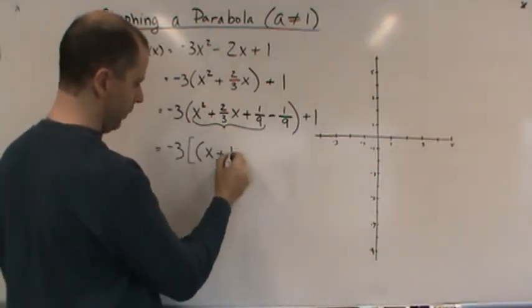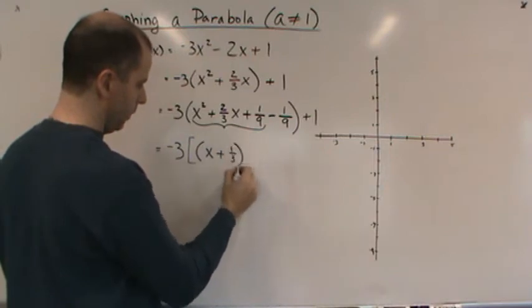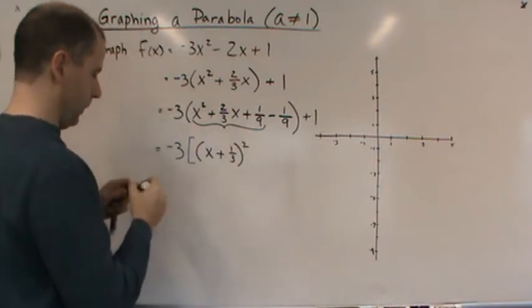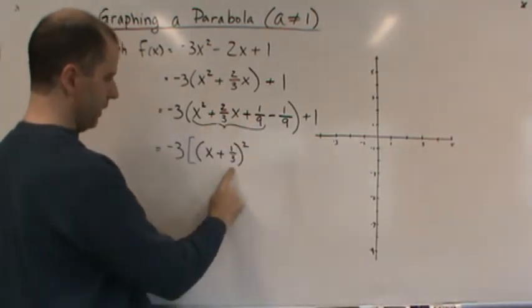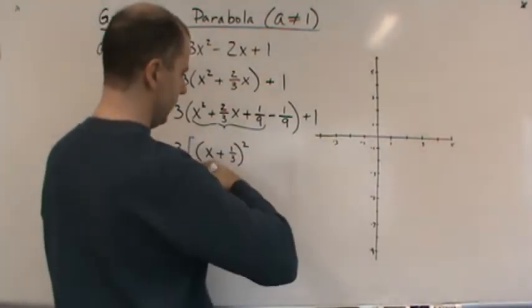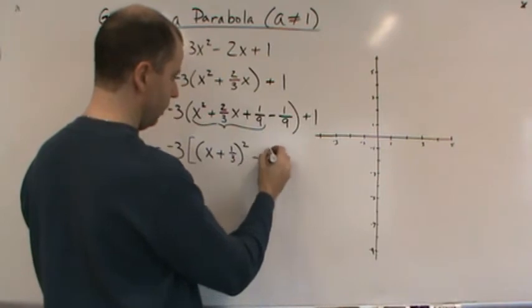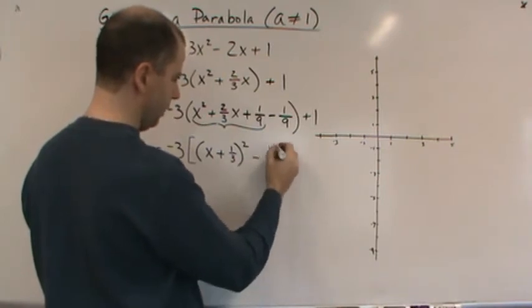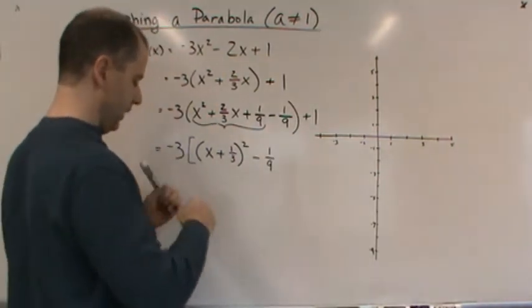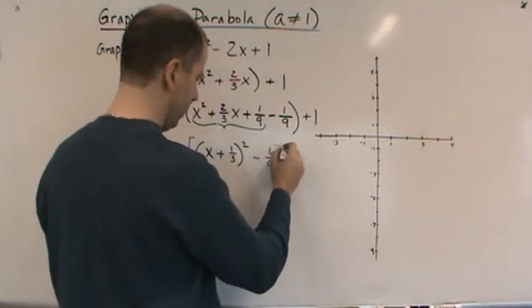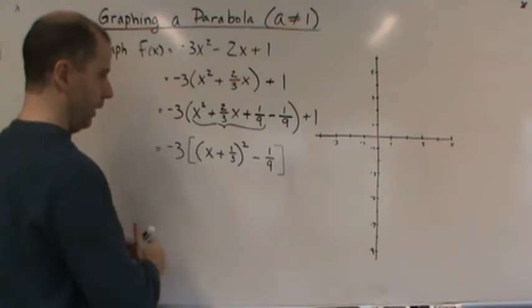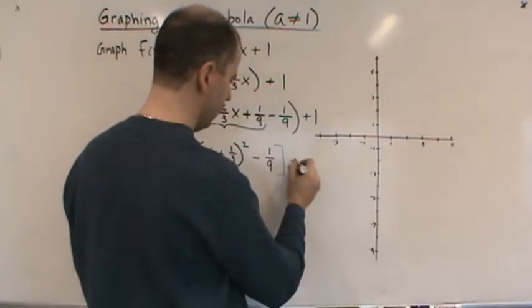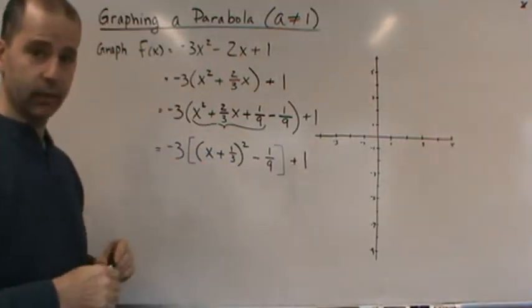So this will be 1/3, quantity squared. Okay? So this piece becomes this. And then I have the subtract 1/9. And that's going to be the end of what's in brackets. And then of course I'm going to have the plus 1 here, okay?